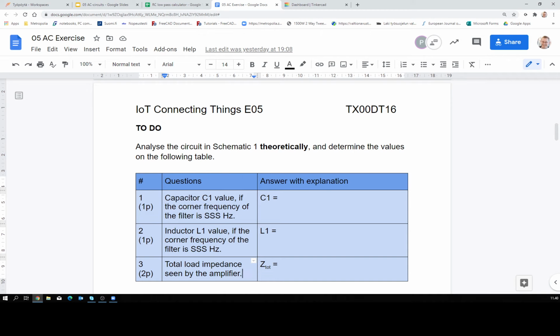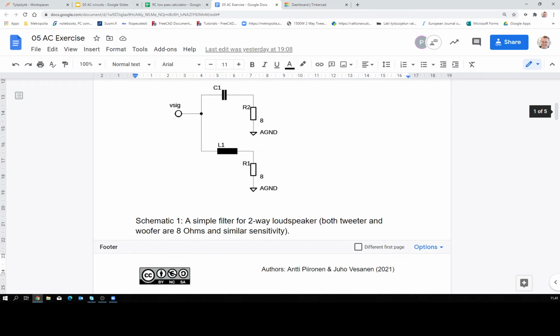A little bit more challenging is the third one, which asks for the total load impedance seen by the amplifier. So what is the impedance? What the amplifier actually sees is the impedance between this terminal and ground.